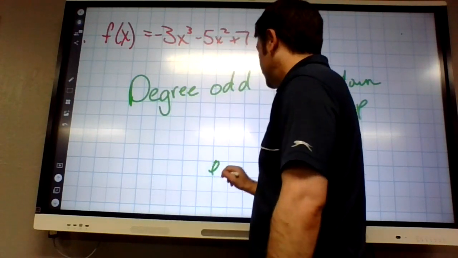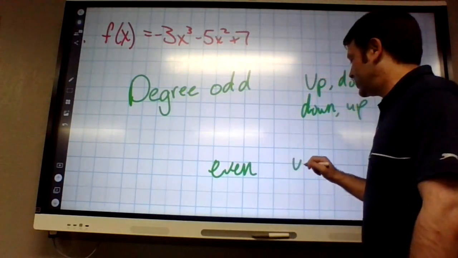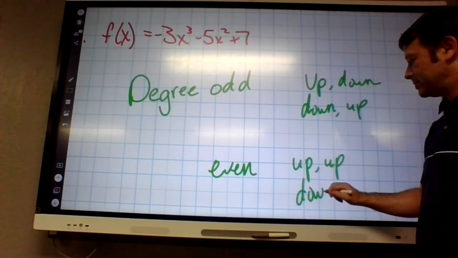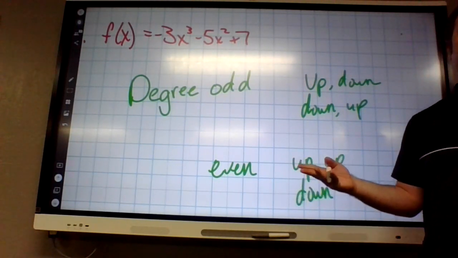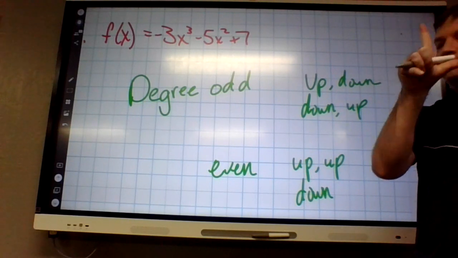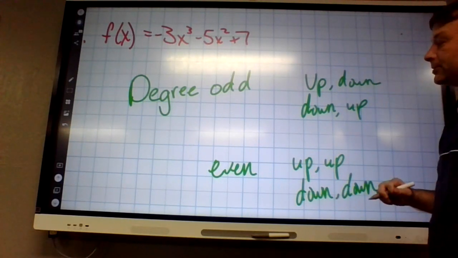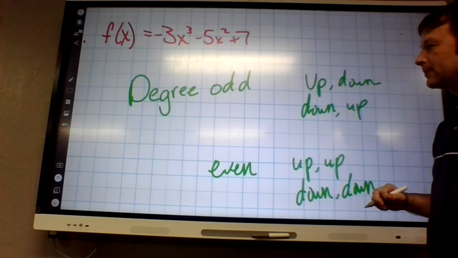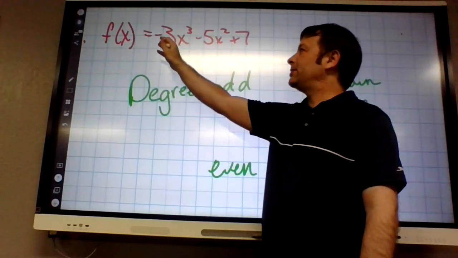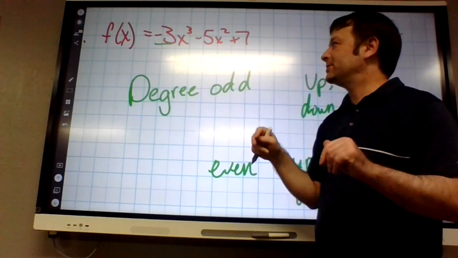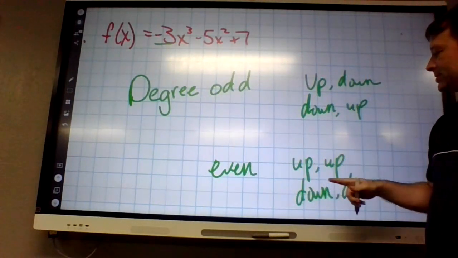It's either up, up or down, down. So they do not alternate. For example, x squareds are parabolas, right? They go up, up usually, unless, how do you make them go down, down? Negative 3. Okay, if the leading coefficient is negative, that affects it, so now we go down, down.